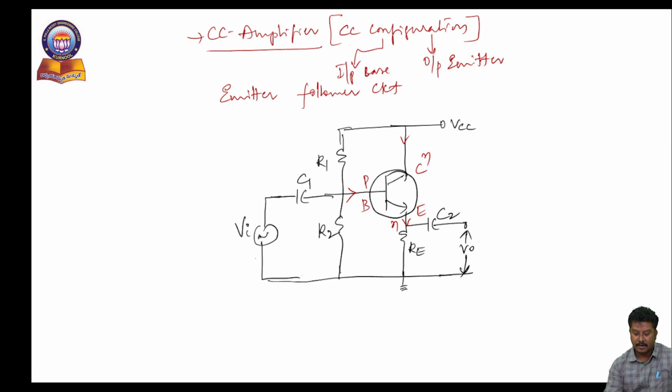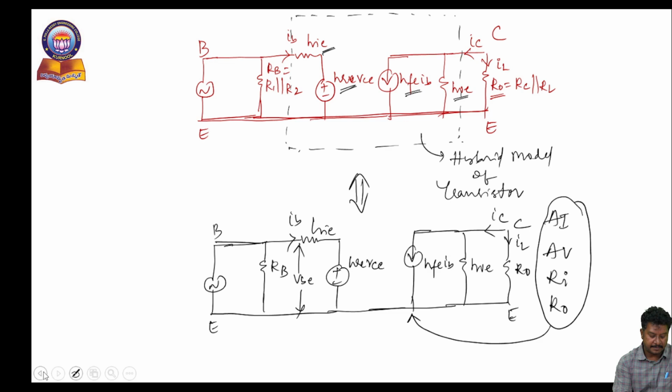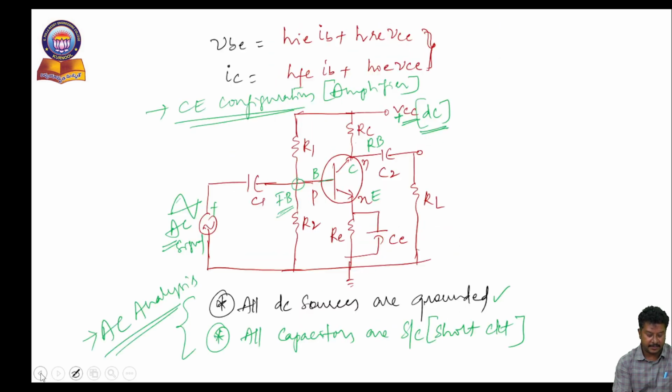It is called an emitter follower because whatever variations we observe across the base terminal, we can observe the same variation across RE. Why? Because both are in the same phase. The phase shift between input and output of the common collector amplifier is 0 degrees. Whereas in the previous case, the phase shift between input and output signal is 180 degrees.